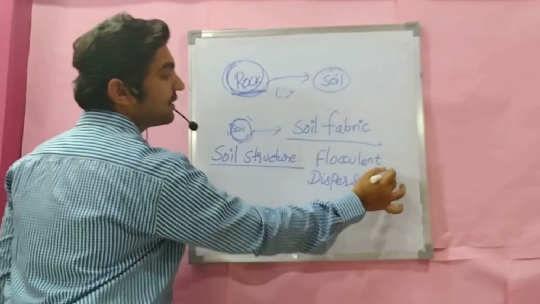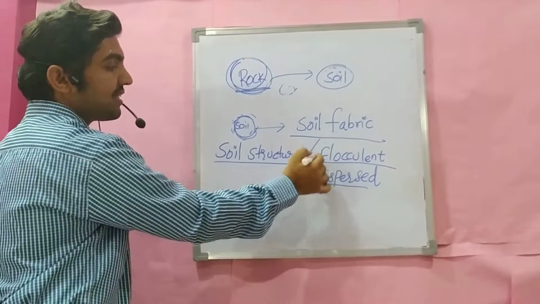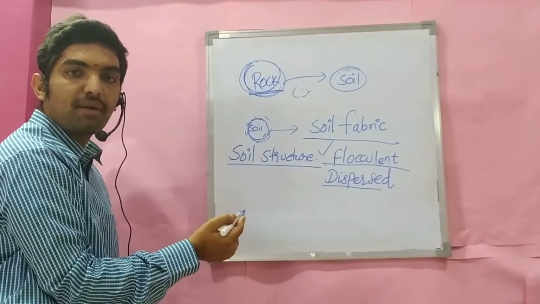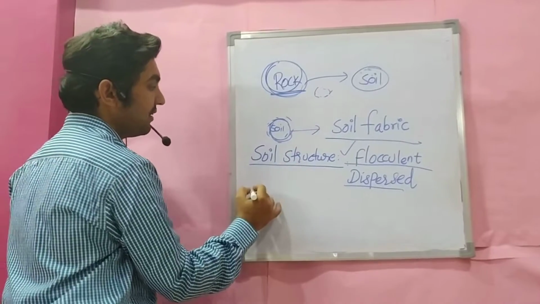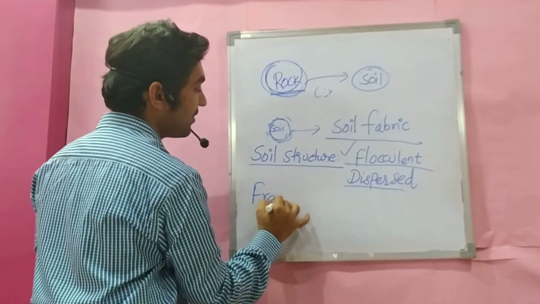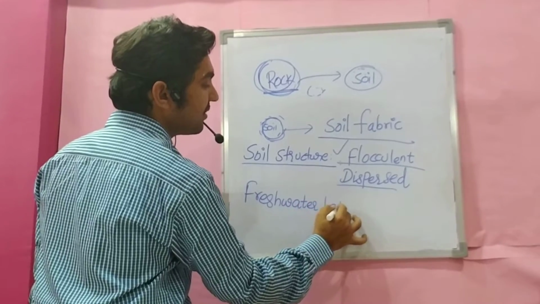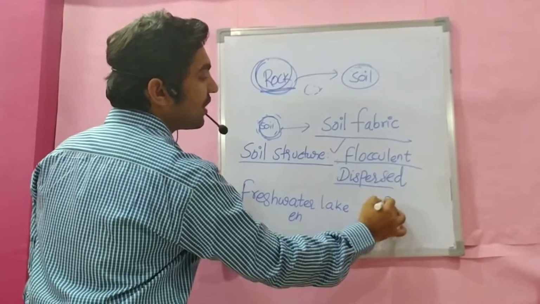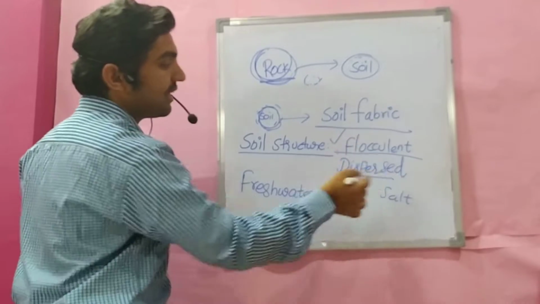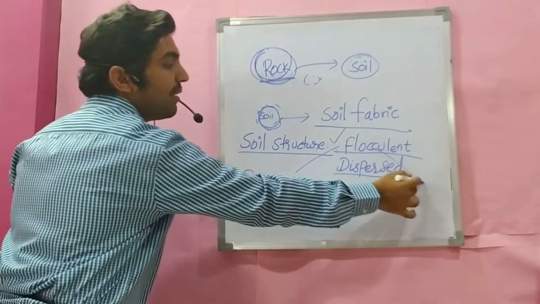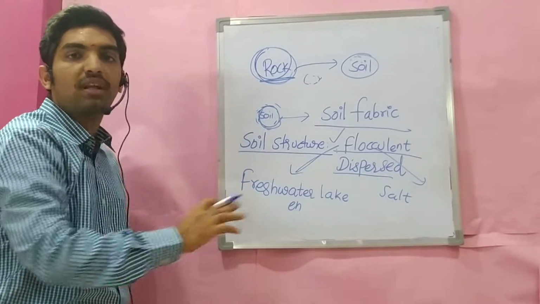Flocculent structure and dispersed structure. This flocculent structure depends upon the type of environment also. In the freshwater lake environment and salt water, generally this flocculent structure will vary depending upon the salt water, freshwater orientation, like that.